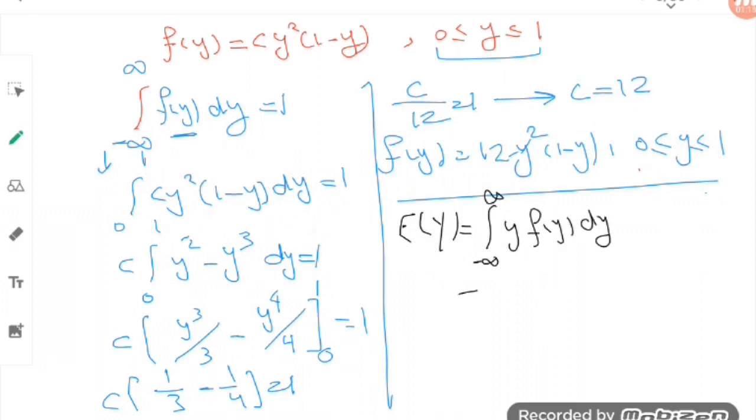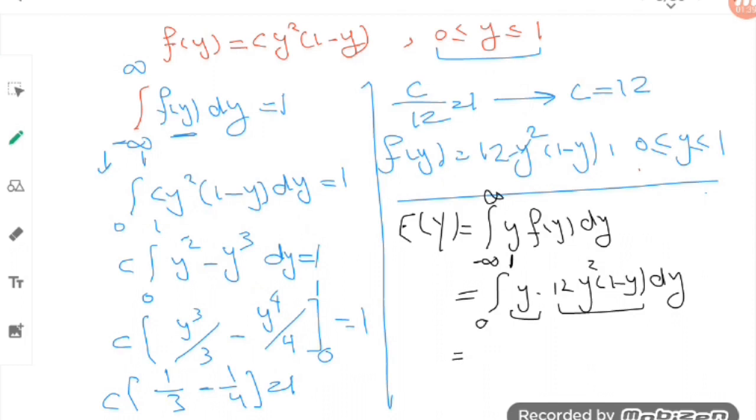Then we'll have here y times 12 y to the power 2 (1 minus y) dy. So we are multiplying the PDF times y, and then integrating over the range over which the PDF is defined, which is here from 0 to 1. Here we'll have 12 as a common factor, then y times y to the power 2, which is y to the power 3, minus y times y to the power 3, which is y to the power 4.